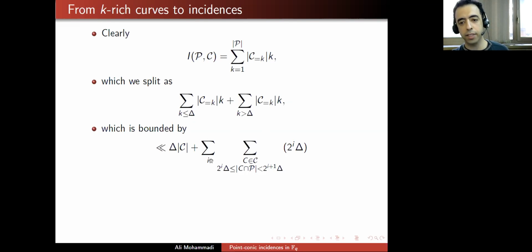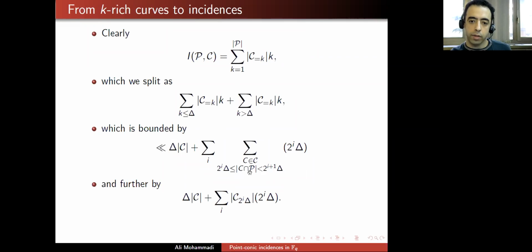But actually, it turns out we can really let this go to infinity, because what we get on the right-hand side converges. So these are C's that satisfy this property, and the contribution is 2 to the I plus 1 delta, but we just drag the 2 into this constant over here.